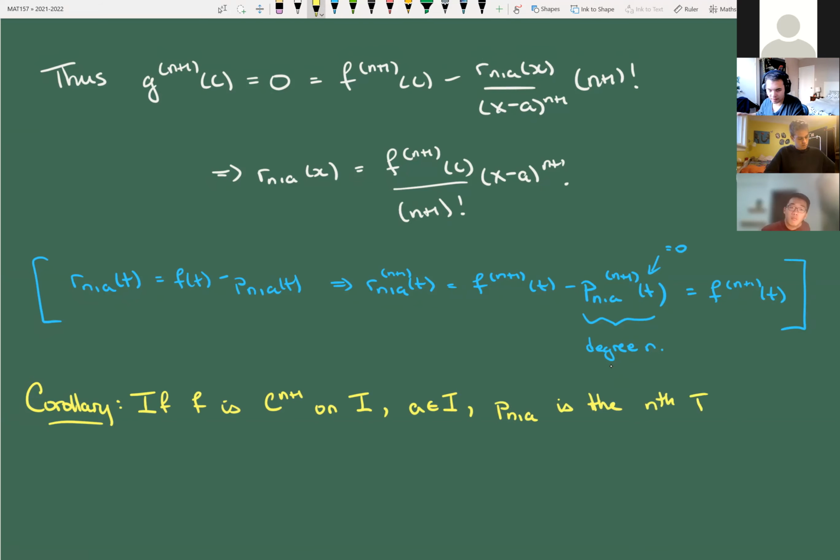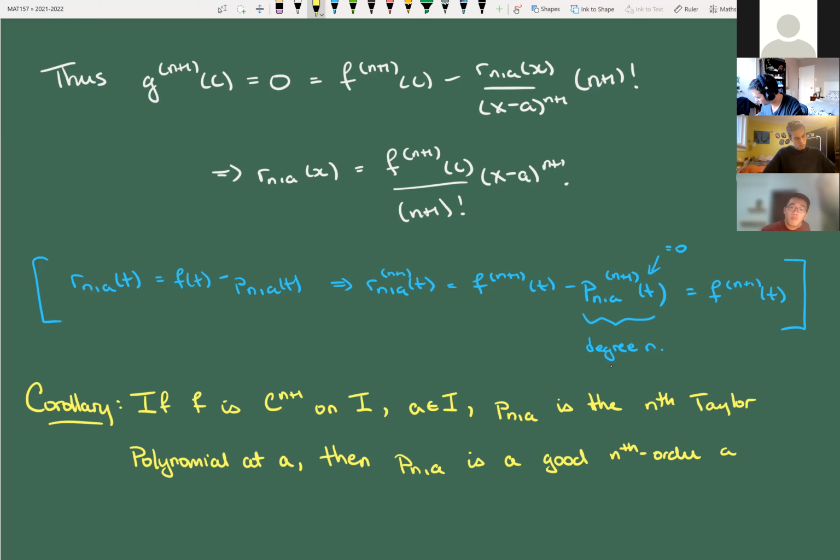Unfortunately, when you state theorems, you have to state all your conditions again, so it's quite laborious. Again, I'm assuming f is C^(n+1), but only taking the nth order Taylor polynomial.